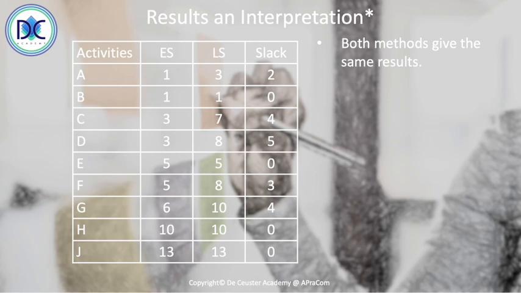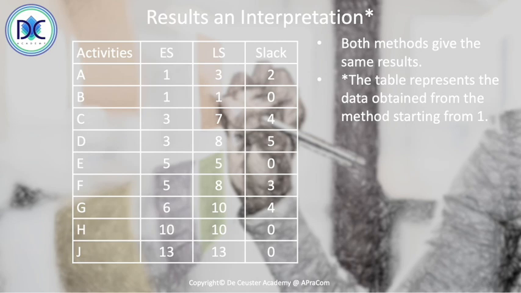We can also take the late finish minus the early finish, and we find the same slack. This table represents the data obtained from the method starting from 1. As in the previous videos, whether we started from 1 or 0, we have different early starts and late starts, but the slack will be the same.